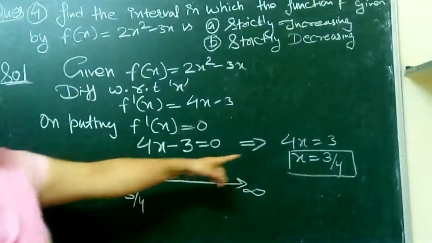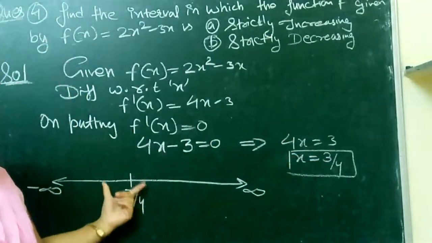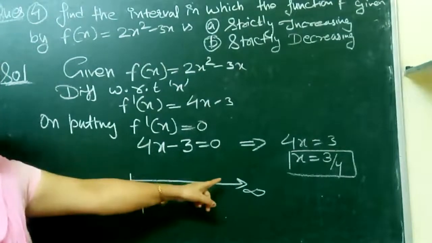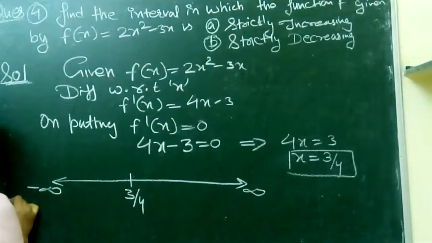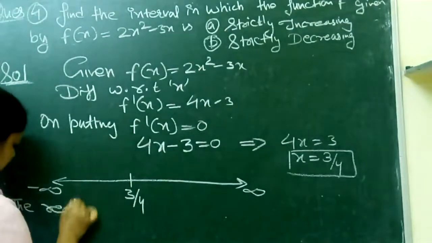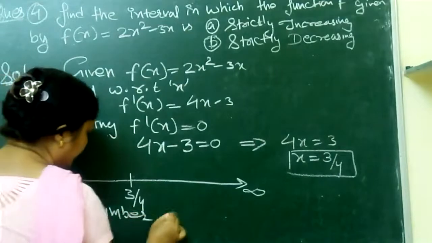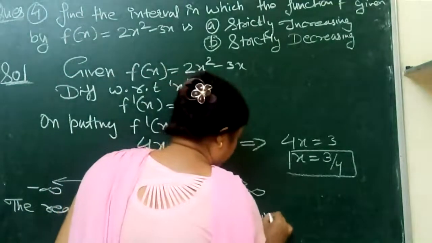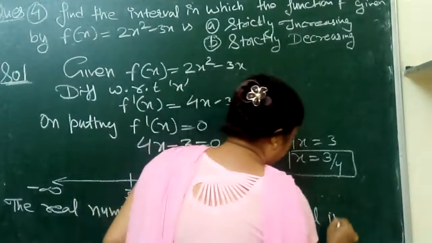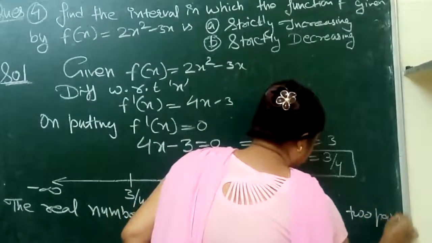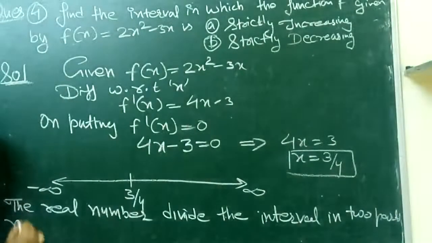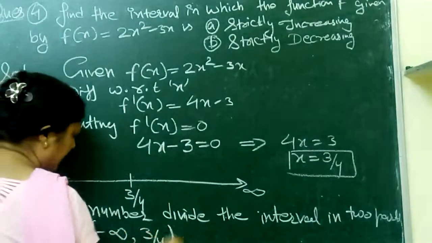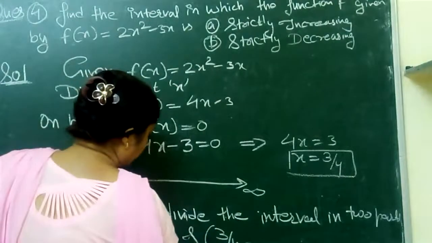So you can see this x equal to 3 by 4 divides the real number line into two parts, namely minus infinity to 3 by 4 and 3 by 4 to infinity.